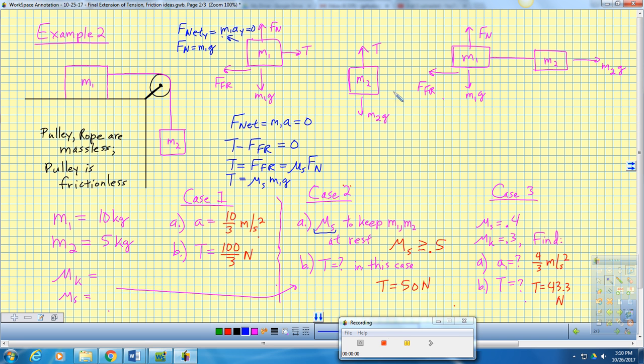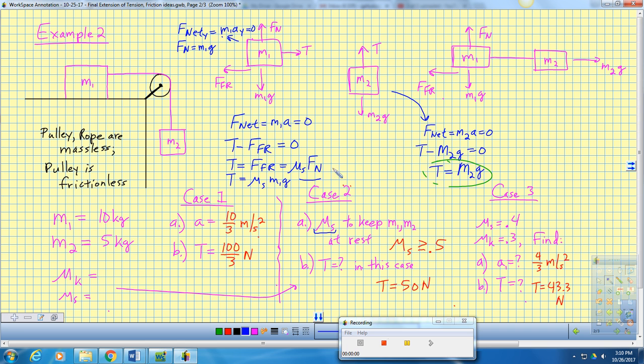So let's jump over here and deal with this block. On this block, the net force is equal to mass 2 times its acceleration, and I want that to equal 0. On that block, I have tension acting up and m2g pulling down, and that has to equal 0. So the tension has to equal m2 times g. Now that I know tension is equal to m2g, I can plug that in here.